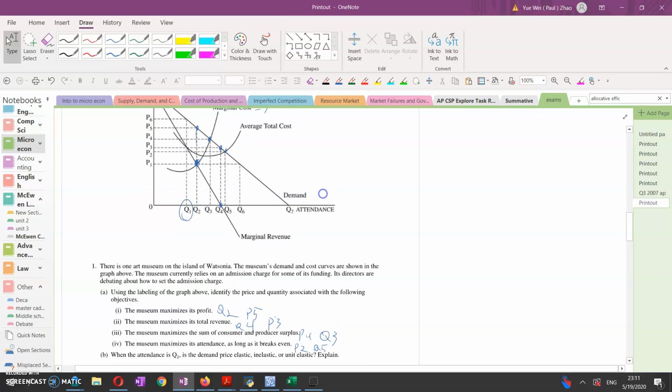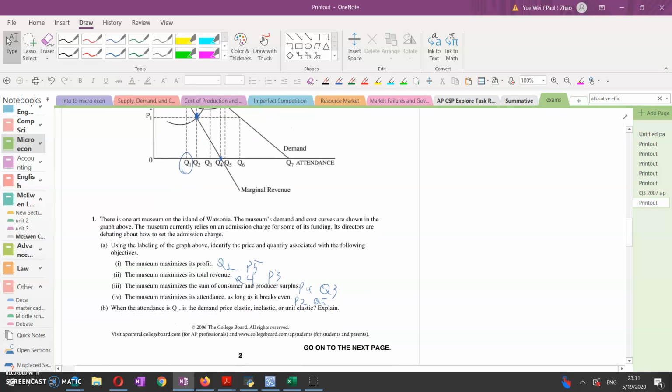That means that when we're lowering the price, actual revenue is going up. So when we lower the price, the revenue goes up. One is going up, one is going down. They're not both going up or both going down. It's elastic.